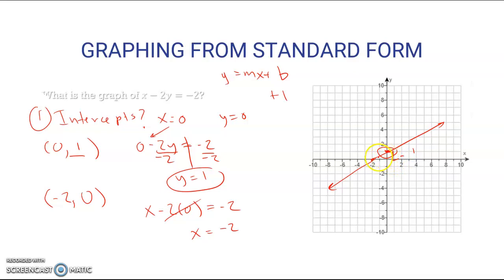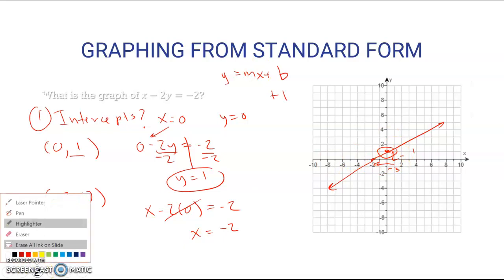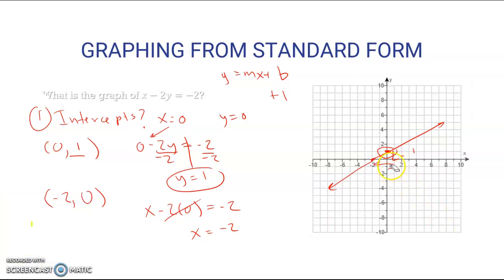Negative 1, 1, 2, 3, over negative 3. So my equation here is that... no, sorry, that's 2. I did too many. I don't want a highlighter, I want an eraser. That's not a 3, that's a 2.